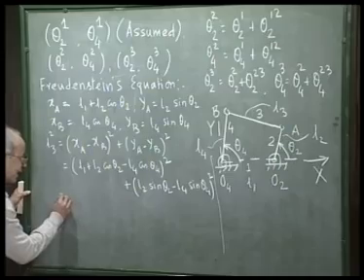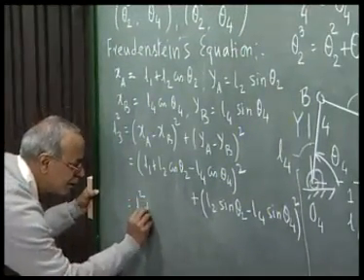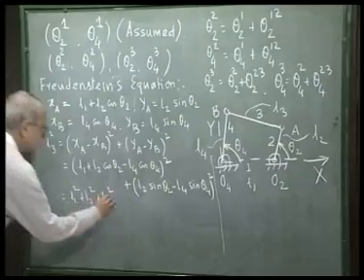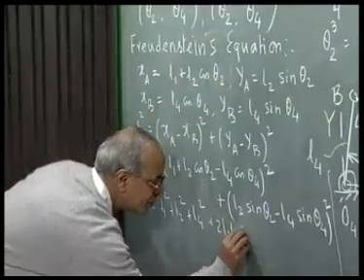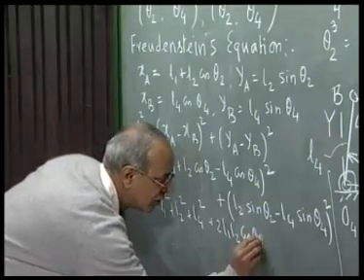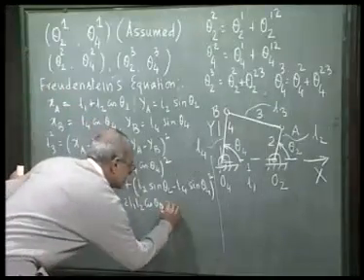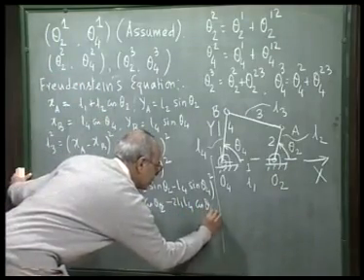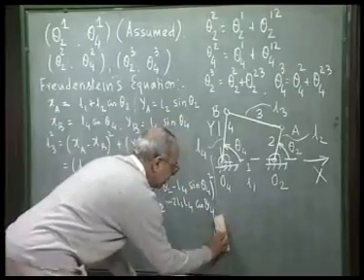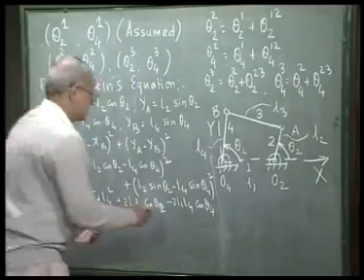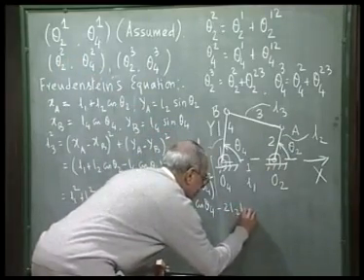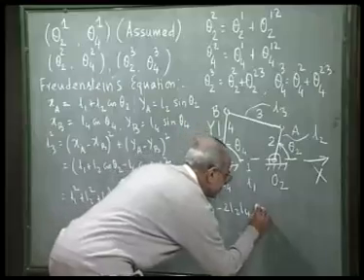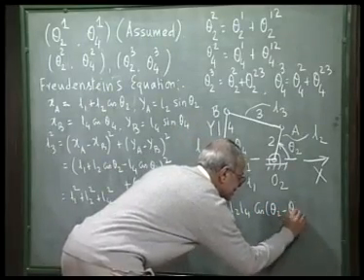Expanding this, we can easily get L1 squared plus L2 squared plus L4 squared plus twice L1 L2 cosine theta 2 minus twice L1 L4 cosine theta 4 and minus twice L2 L4 (cosine theta 2 cosine theta 4 plus sin theta 2 sin theta 4), which gives me cosine of theta 2 minus theta 4.